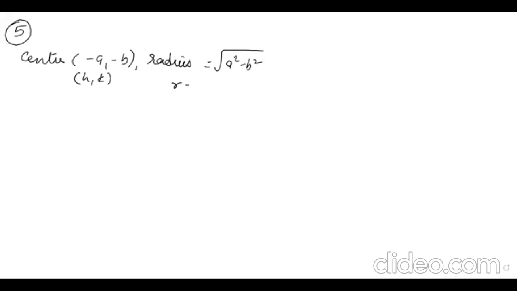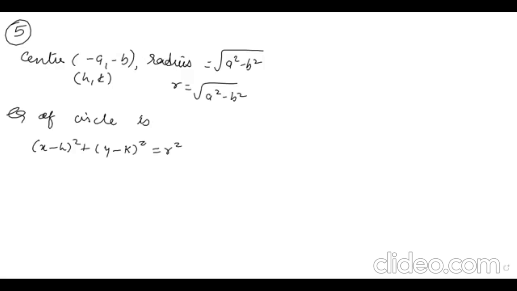Let's try this. Here the center given is minus a comma minus b, whereas the radius given is root of a square minus b square. This will be my h comma k, whereas this will be my r. So equation of circle is x minus h whole square plus y minus k whole square is equal to r square.